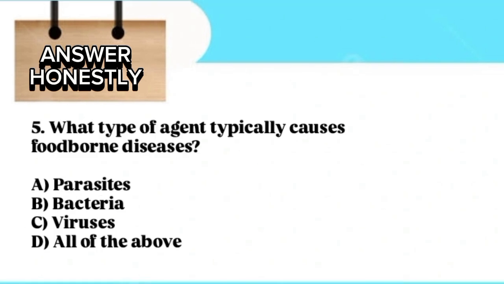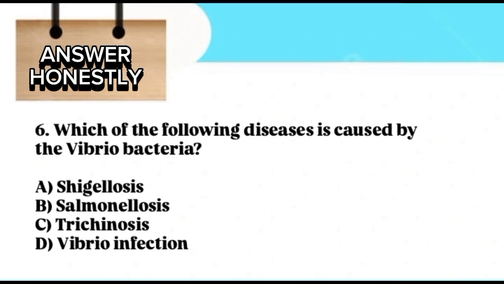Question 5. What type of agent typically causes foodborne disease? A. Parasites. B. Bacteria. C. Viruses. Or D. All of the above. Question number 6. Which of the following diseases is caused by the Vibrio bacteria? A. Shigellosis. B. Salmonellosis. C. Trichinosis. Or D. Vibrio infection.